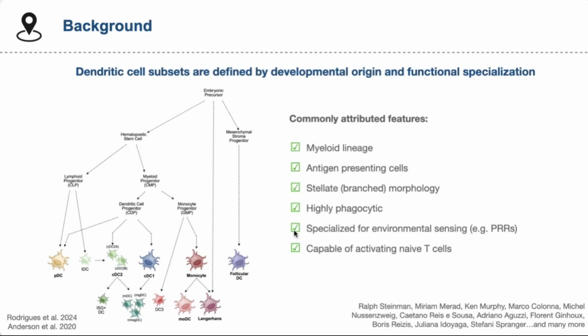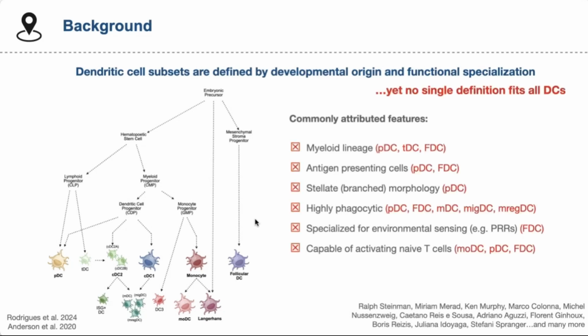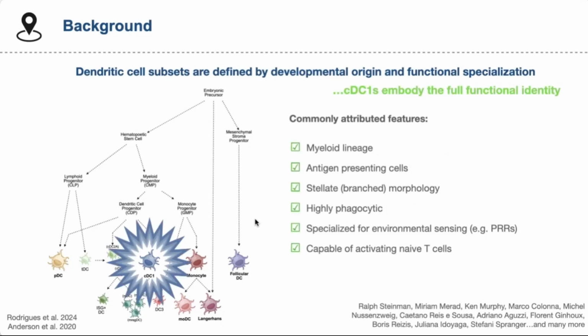Here you can see summarized quite a lot of work looking at the differentiation trajectory of dendritic cells and the various subtypes that have been identified. It's important to note that all of these commonly attributed features that dendritic cells can exhibit have exceptions, so no single definition fits all DCs.